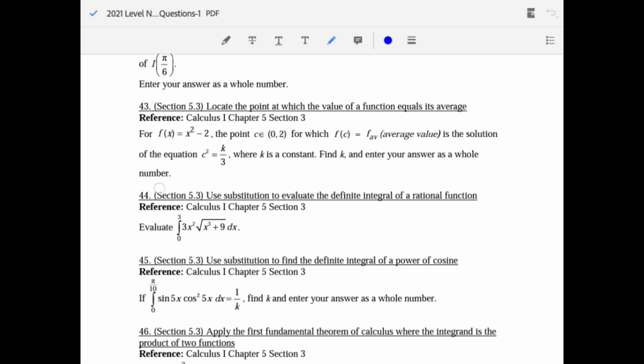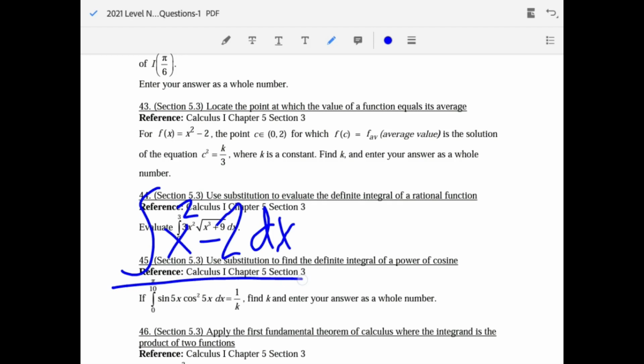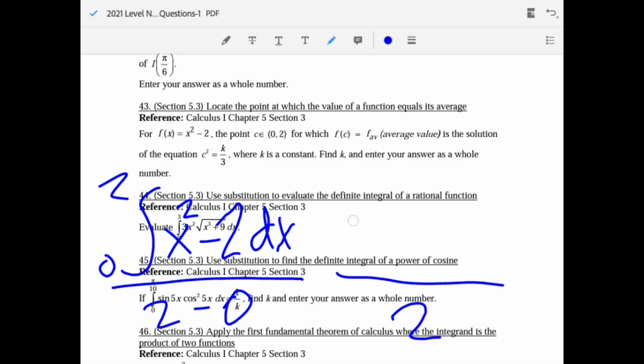So the formula is the integral of x squared minus 2 dx, from 0 to 2 obviously, over 2 minus 0. Now, over 2 of x cubed over 3 minus 2x, evaluated from 0 to 2.